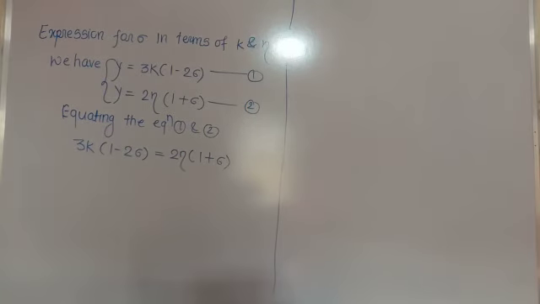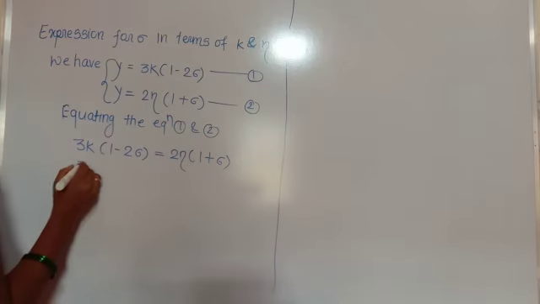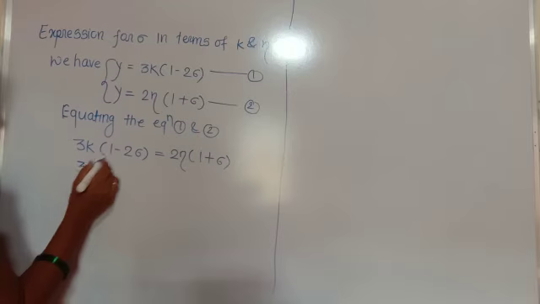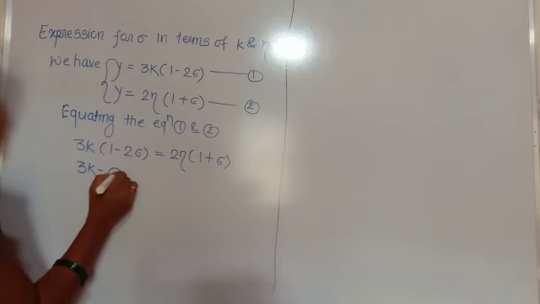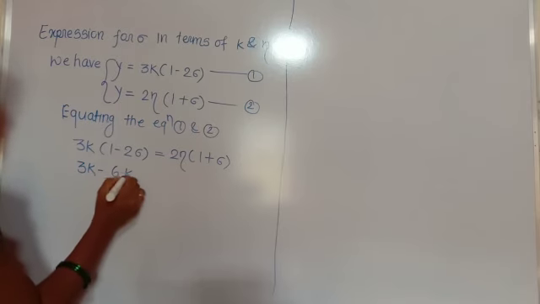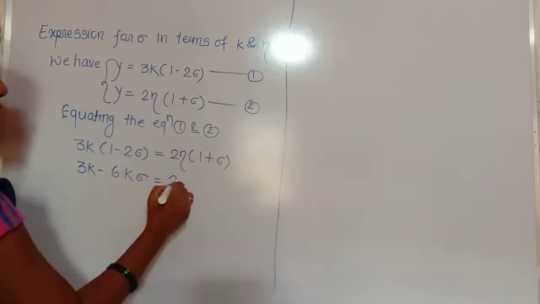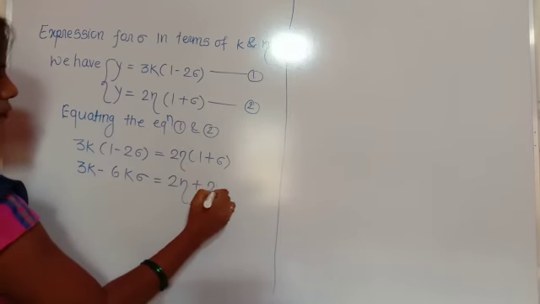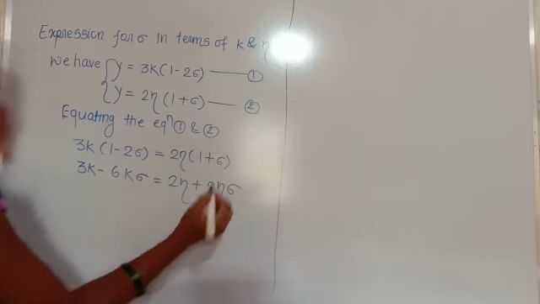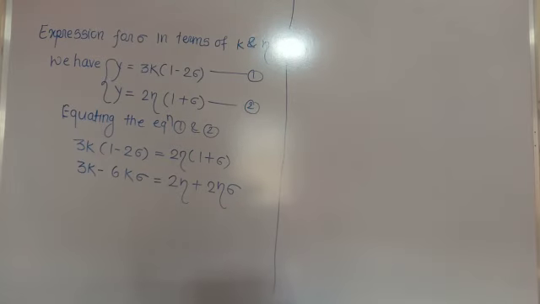Solving the brackets, we get 3K minus 6K sigma equals 2 eta plus 2 eta sigma.